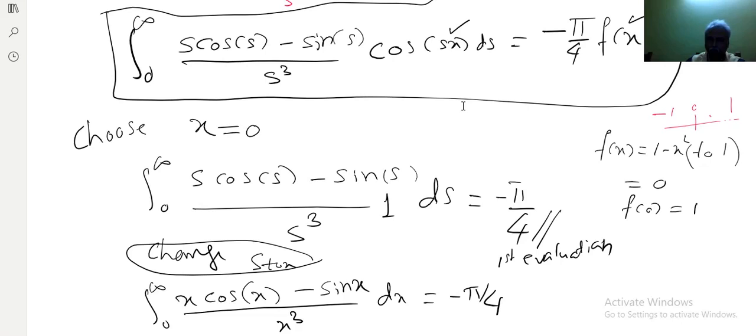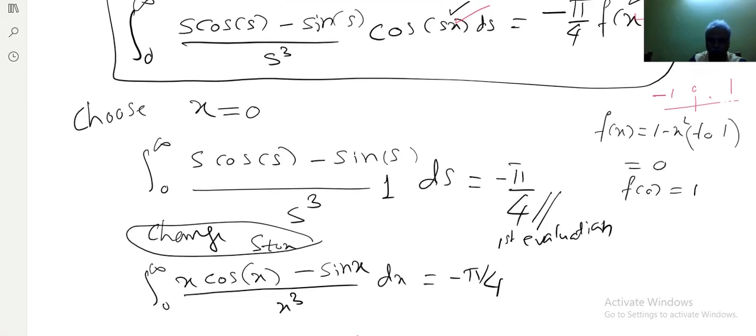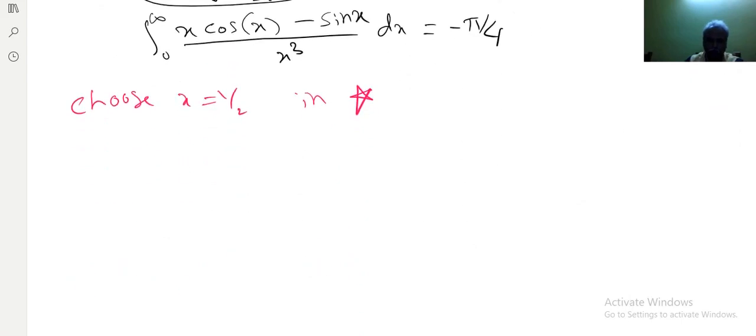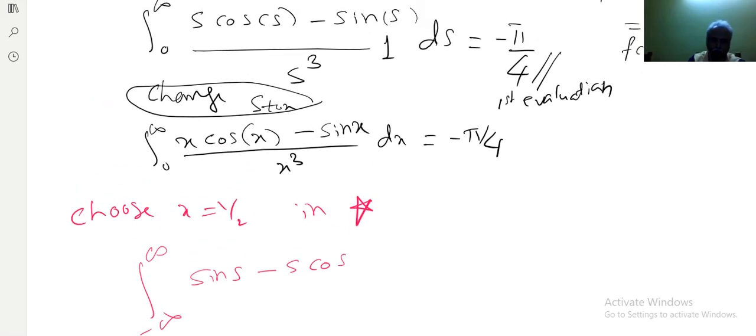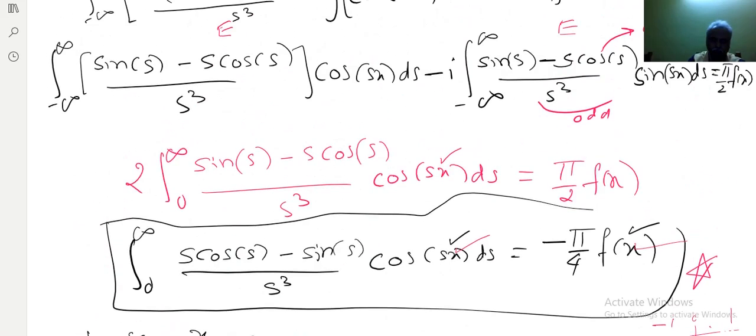This is our star equation. Choose x equal to half here, cos s by 2 we will get. The remaining will not change, only this x becomes half. So we are going to end up with the integral of sin s minus s cos s, or what we have written in star, only that part let me take.